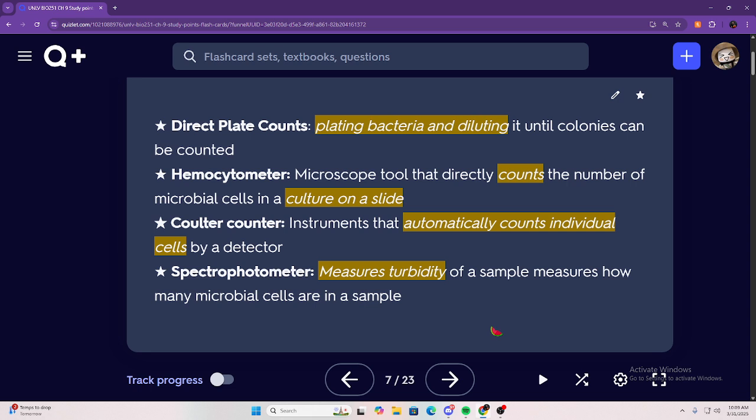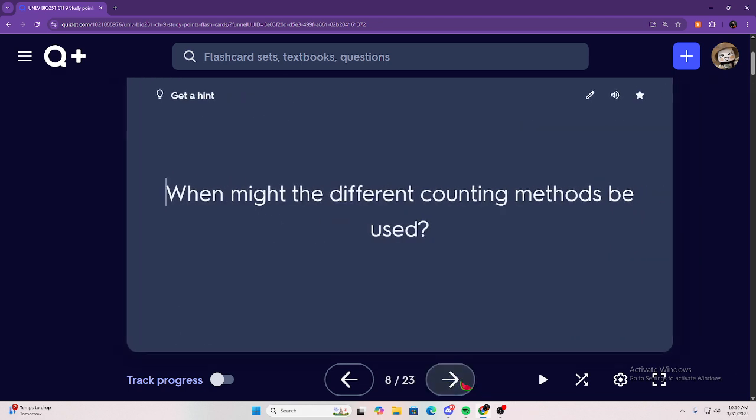A hemocytometer is a microscope tool that directly counts the number of microbial cells in a culture on a slide. A cell counter is an instrument that automatically counts individual cells via a detector. And a spectrophotometer basically measures the turbidity, so how dense a sample is and how many microbial cells are in a sample.